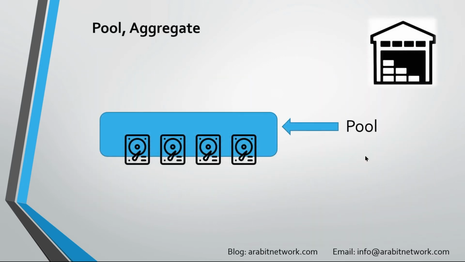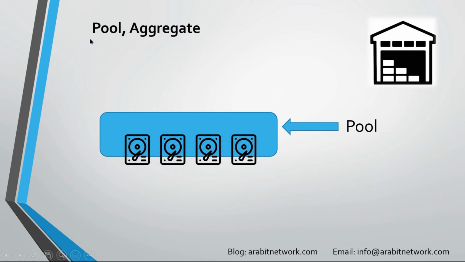Right, so now let's have a look at the physical capacity and how we could use the physical disks and the physical capacity of a SAN storage. You can't directly write data to each disk individually, but you first need to create a layer that could be called a pool or an aggregate.